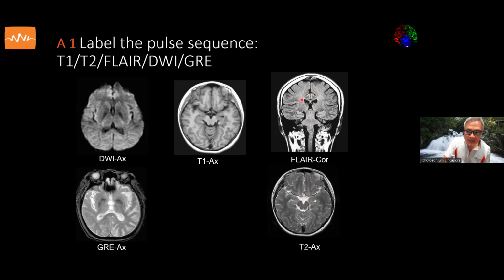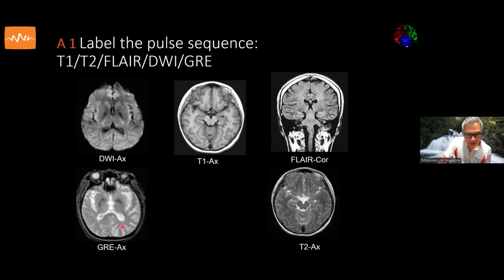So we recognize the FLAIR by the fact that the CSF is null and there is low signal intensity, thereby allowing abnormal high signal intensity areas near the ventricles or near the sulci to become better visualized compared to a T2 weighted MR image, where the high signal intensity might obscure the pathology. So FLAIR is T2 without the glare of the CSF.